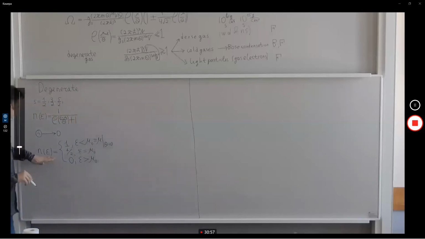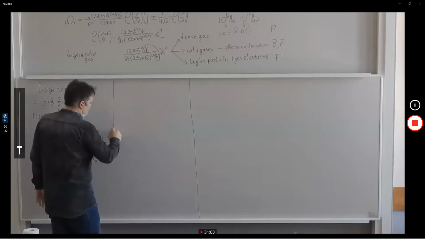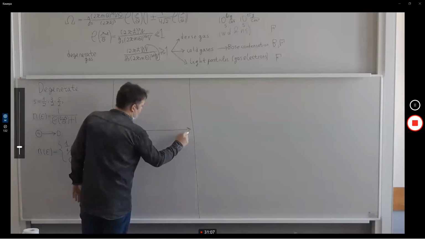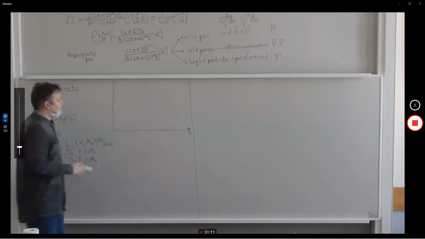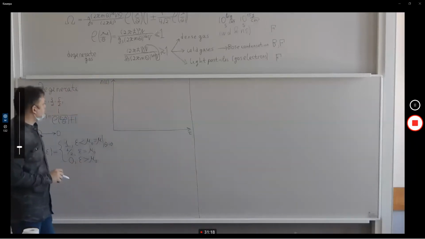Now I'm going to make a plot of this function, n of epsilon. Here, I write the energy axis, and here, the average occupation number.